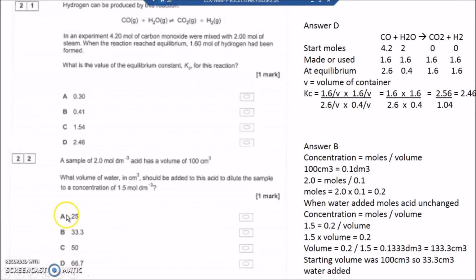No. And the reason that 133.3 is not on there is that sometimes they would do that to try and fool you into that as the answer, but read the question carefully. What volume of water should be added to the acid? So the final volume is 133.3. We started with 100 centimeter cubed of acid, so you've got to add 33.3 centimeters cubed of water. Your answer is B.